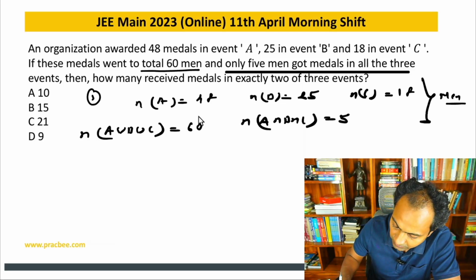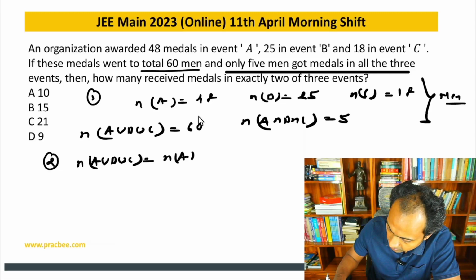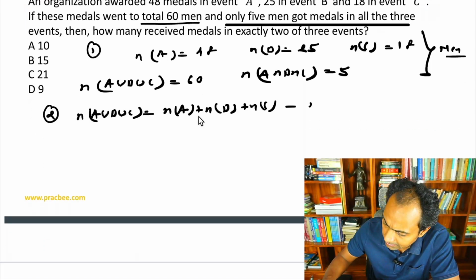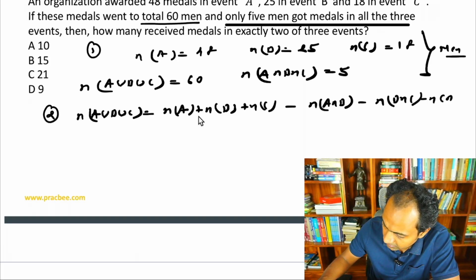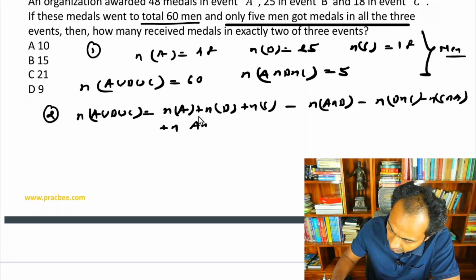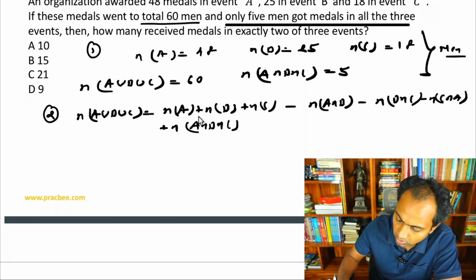Okay, now let us figure out a very simple formula. N of A union B union C will be equal to N of A plus N of B plus N of C minus N of A intersection B minus N of B intersection C minus N of C intersection A plus N of A intersection B intersection C. If I look into this formula, there are a lot of things that I know.